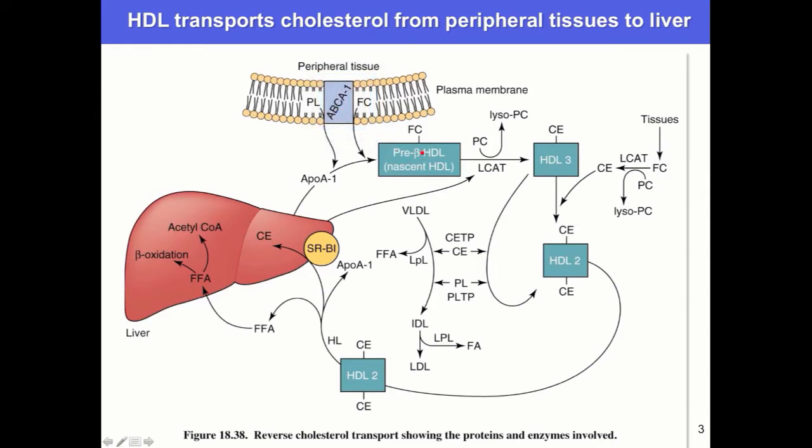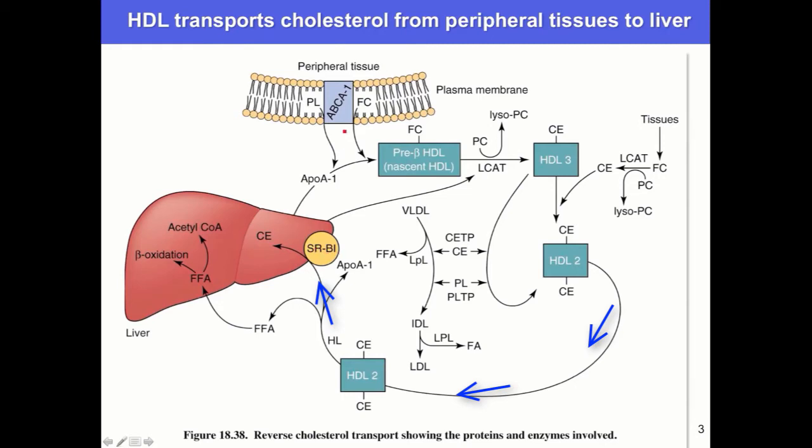ABCA1. As the HDL circulates, it interacts with an enzyme called LCAT, which changes the cholesterol into cholesterol esters, that's the CE, taking a fatty acid chain from an existing phospholipid, and the enzyme adds that to cholesterol to make cholesterol esters. As the cholesterol-rich HDL particles circulate, they can do one of two things. They can transfer that cholesterol directly to the liver through scavenger receptor B1, SRB1.